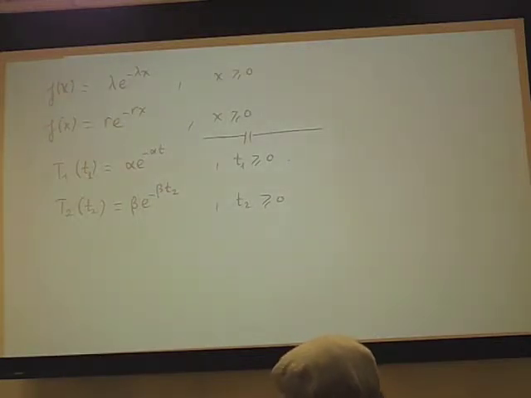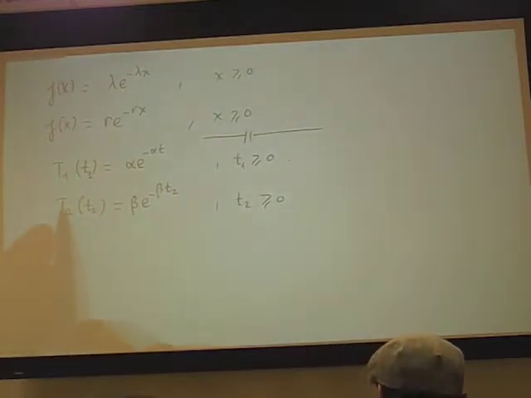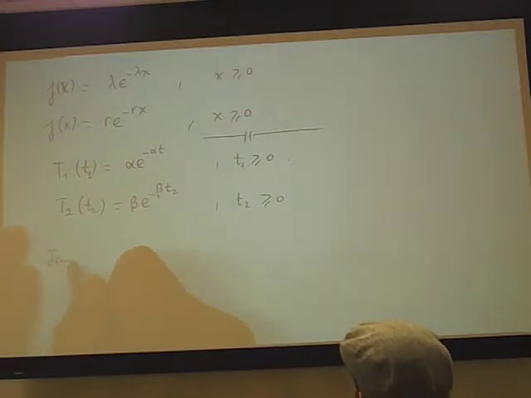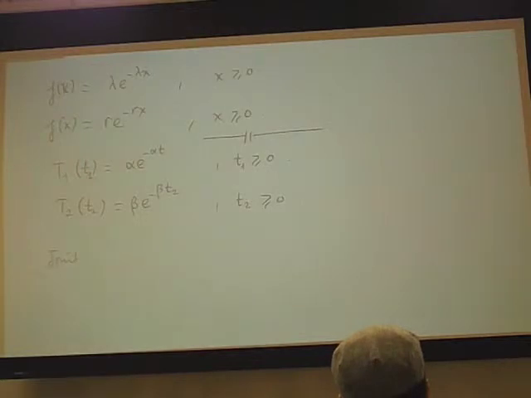Or equivalently, their CDF also factors, in other words, capital F of xy factors into capital F of x times capital F of y. Doesn't matter which one you use. So over here, because they are independent, the joint density is going to be the product of the two densities.